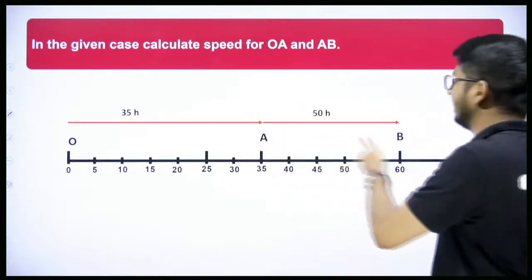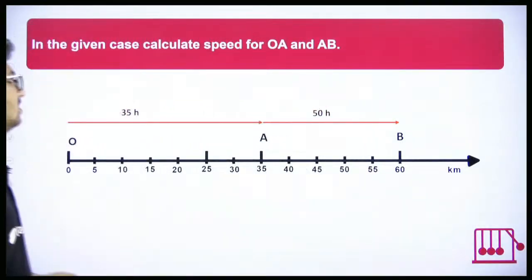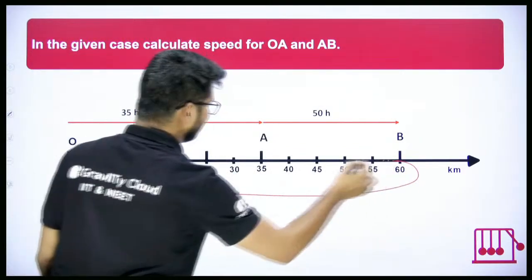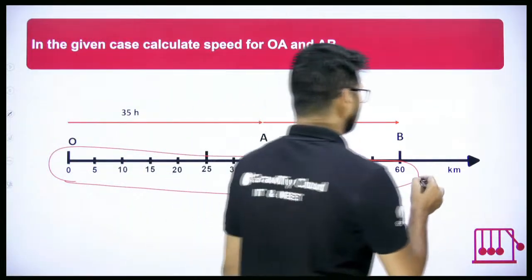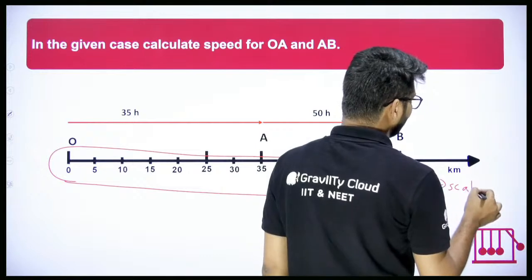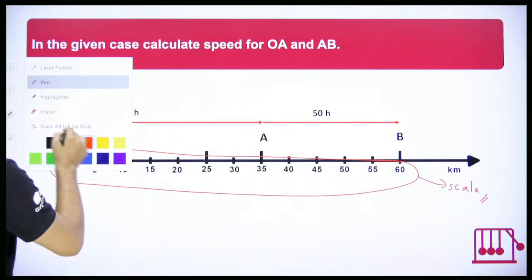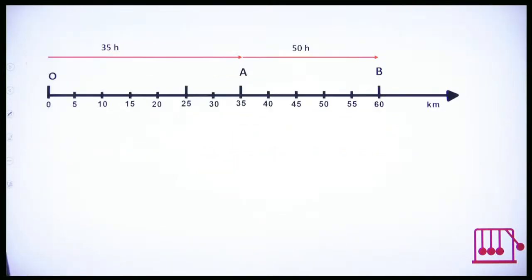O to A and A to B. Let's calculate the speed for that. So let's calculate the speed for OA first. Now you can think of this as a scale. It's a number line, but you can think of it as a scale. Okay. So let's take OA first.